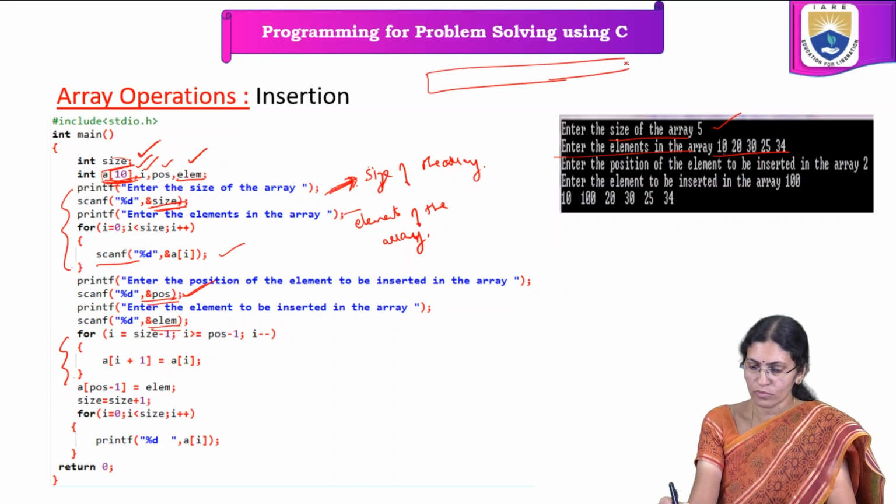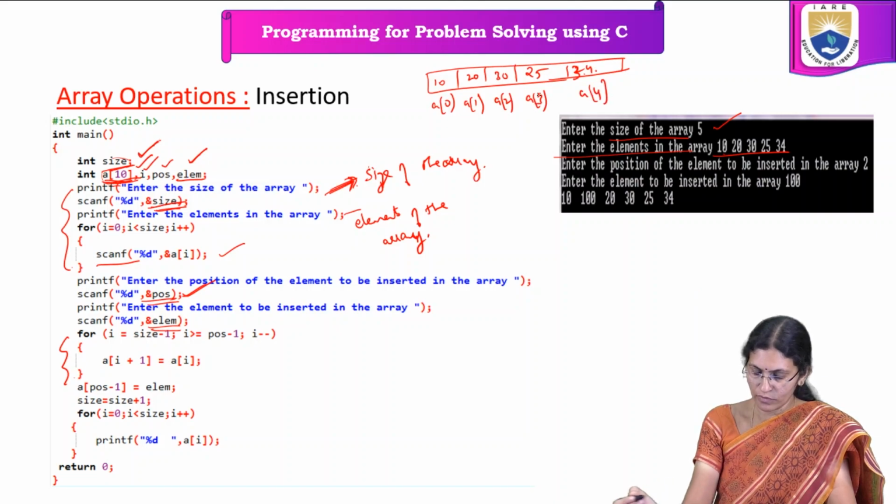The name of the array is A. At the first position we have 10, at the second position 20, then 30, then 25, and in the last position we have 34. So this is A of 1, A of 2, A of 3, and A of 4.